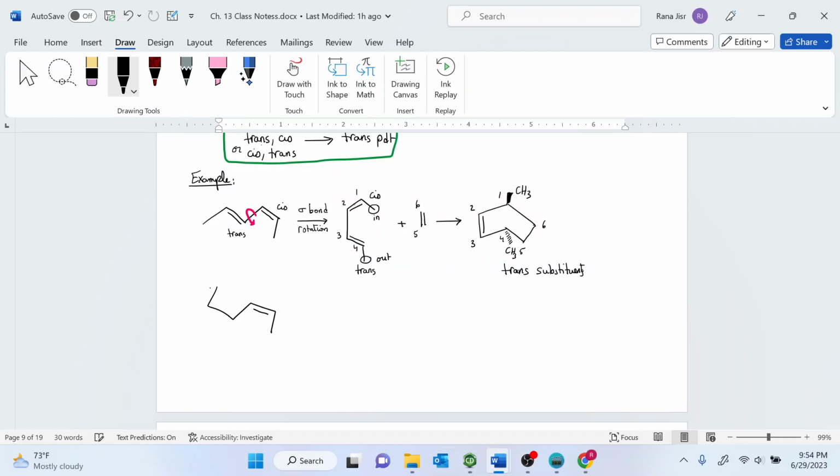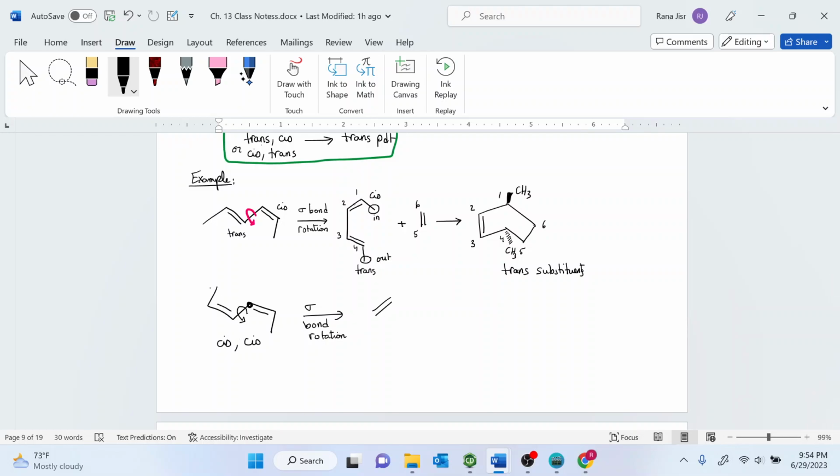Here you go. So I'm starting here with a cis diene. So I'm going to go ahead and do a sigma bond rotation. And when I'm doing a sigma bond rotation, I'm just going to go ahead and fix this carbon over here and do the rotation of this carbon.